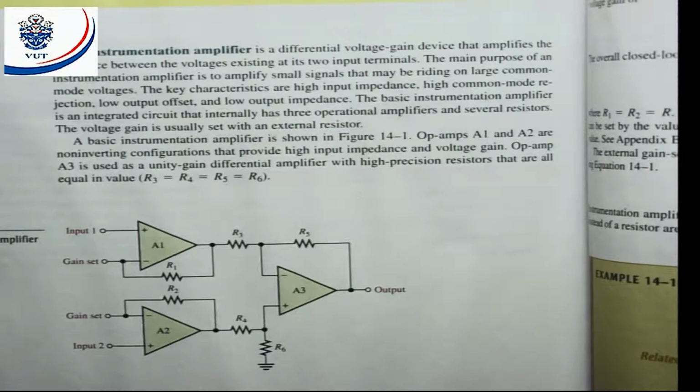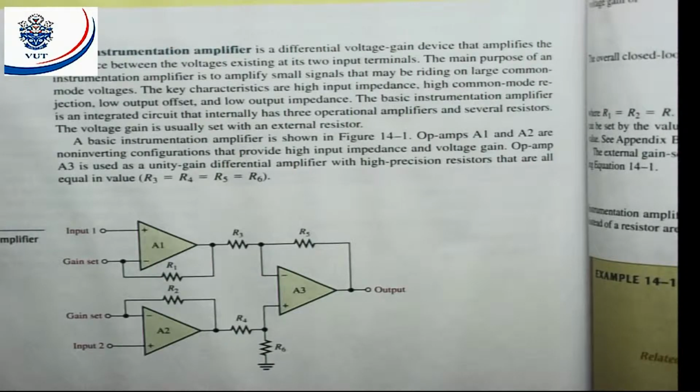We are going to amplify small signals. The key characteristics are high input impedance, high common mode rejection, low output offset, and low output impedance. Those are the main characteristics of this instrumentation amplifier.